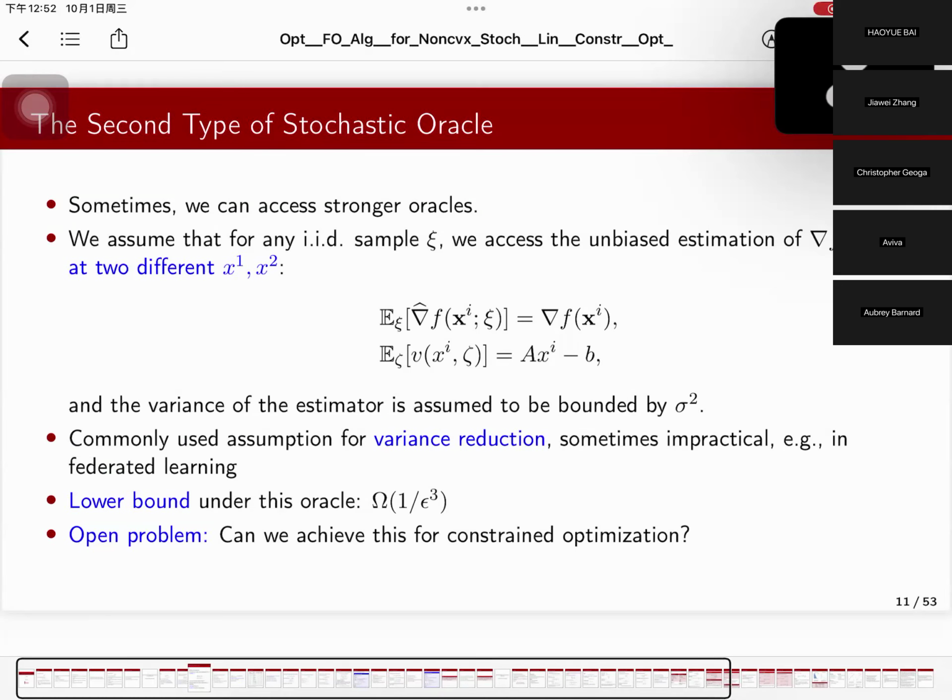Under this kind of oracle, people can use variance reduction, and it is shown in the literature that the lower bound of sample complexity becomes 1 over S to the power of 3. So another natural open question is, under this oracle, can we also achieve this lower bound? Actually, the answer is yes for both questions.